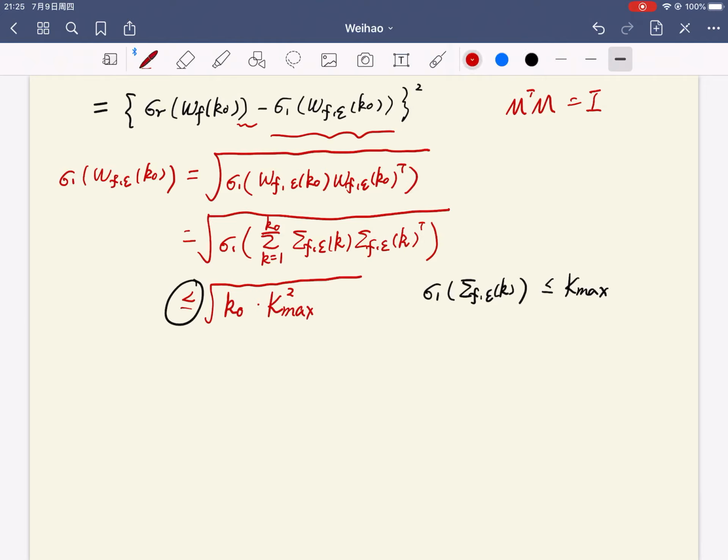And we know kappa max is of order little o p power minus delta. So this is also little o p power 1 minus delta.